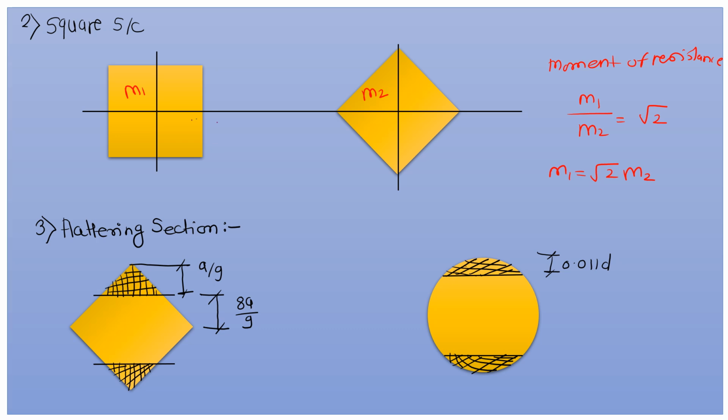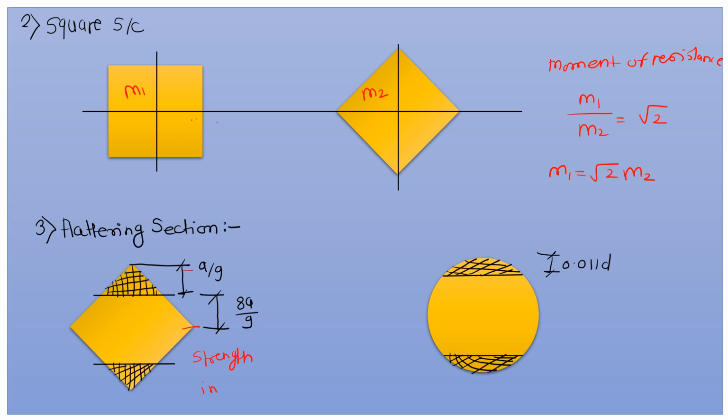So here this is a up to this point, from top to here the value is a, and this cut portion is a by 9 and remaining portion is 8a by 9. So this is the flattening section for diamond, and by cutting this part from top and bottom, then strength is increased by 5.37%.